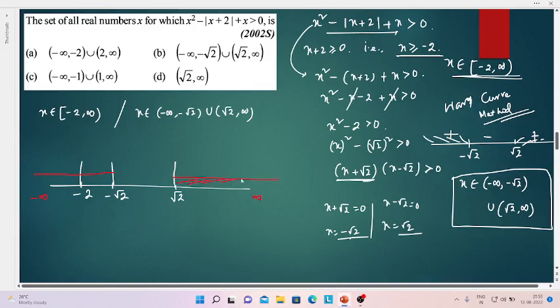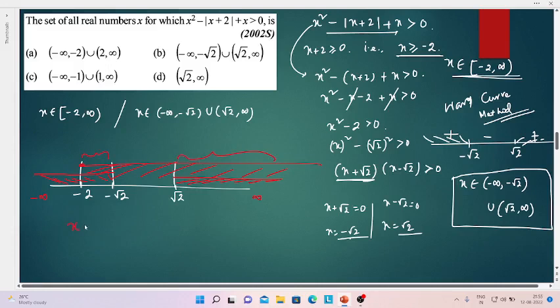And minus 2 to infinity will be from there to infinity. Can you see the common region? The common region will be that part union that part.